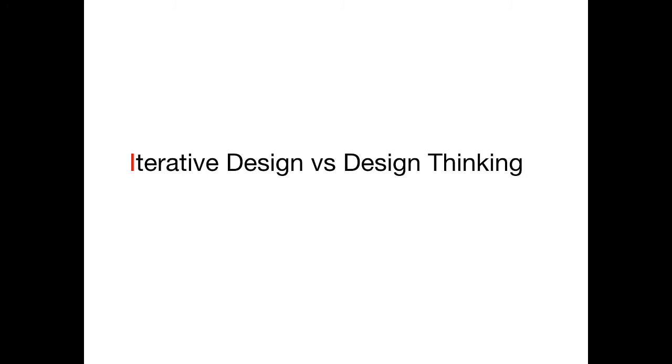Now, some of you might be asking, what's the difference between iterative design and design thinking? Here's a quick explanation, just in case some of you have been exposed to design thinking workshops.